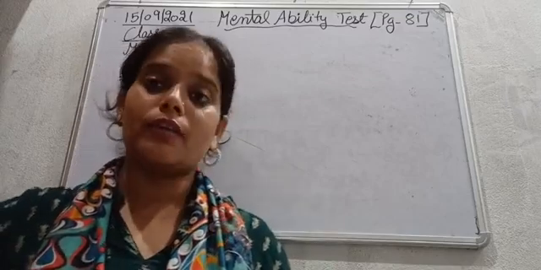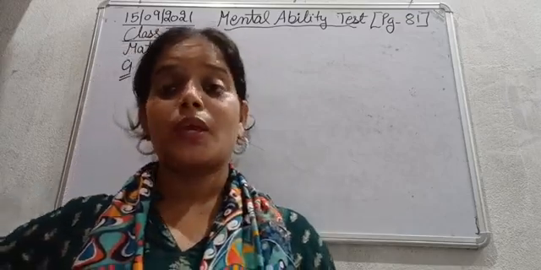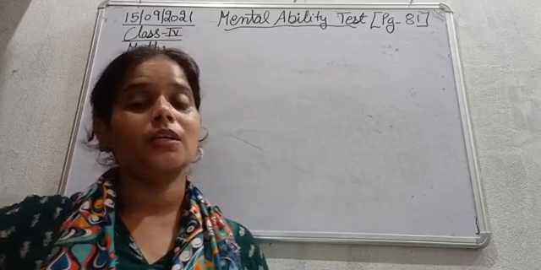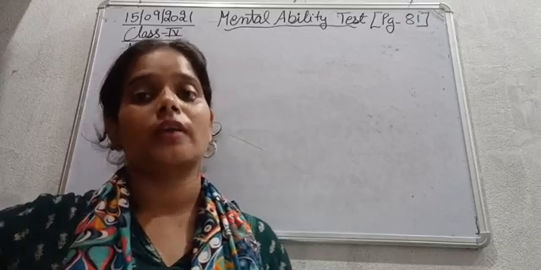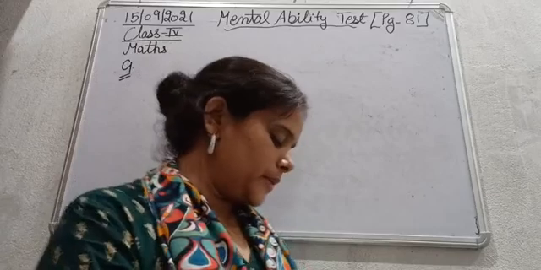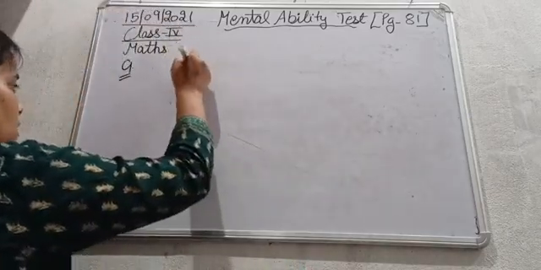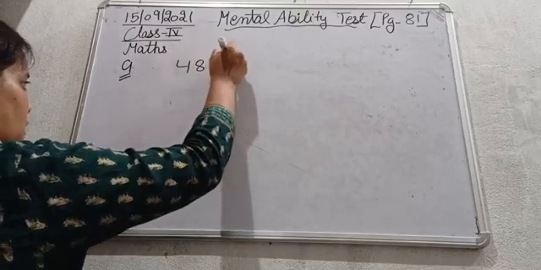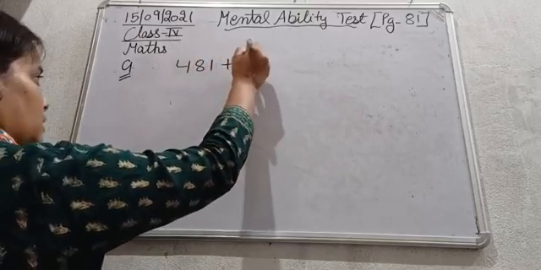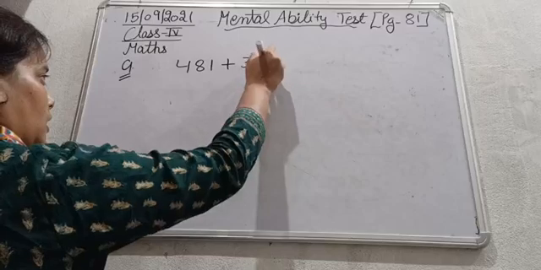So without adding 481 and 390, we have to mention whether their sum is odd or even.